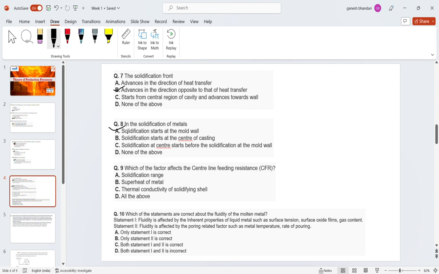As the name suggests, centerline feeding resistance: to feed the central portion, what will be the resistance offered by it? So, to feed the center of your cavity and all.